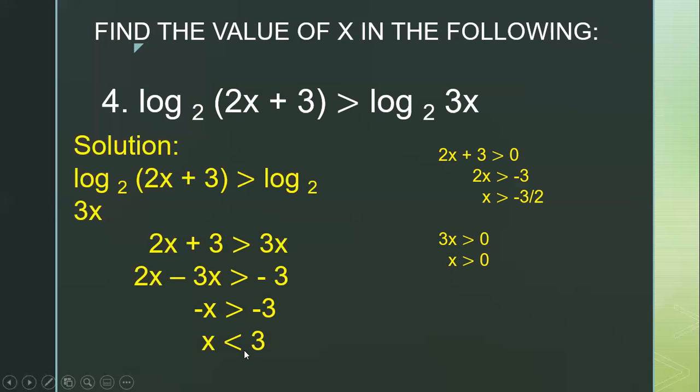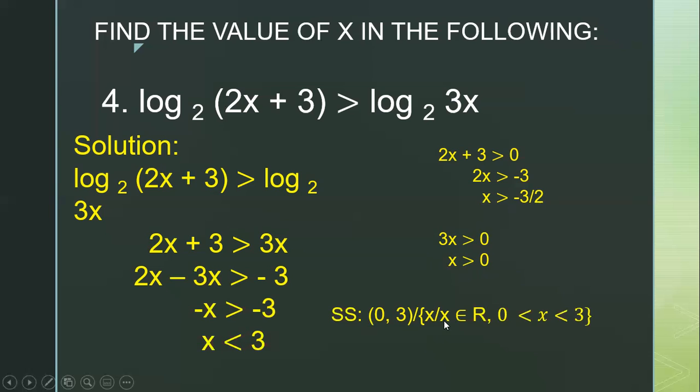So x is less than 3. To check, since x is greater than negative 3 halves, then 3 is really greater than negative 3 halves. In this case, 3 is again greater than 0. So for the solution set, 0 and 3 again are not part of the solution set.